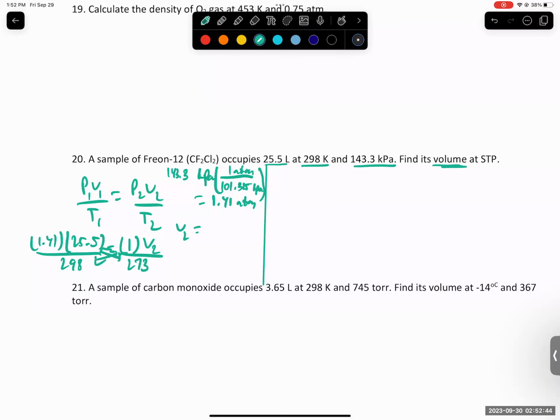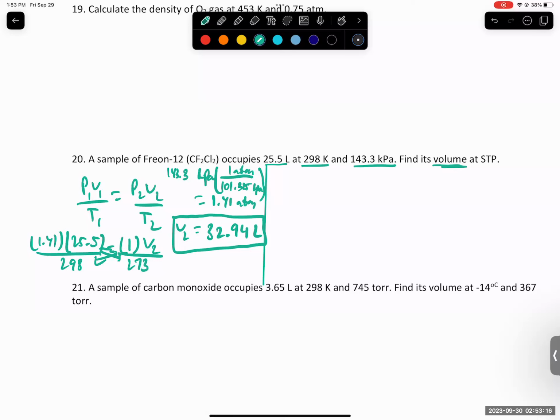So 1.41 times 25.5 times 273, get a certain number, and we're gonna divide that by 298. And our V2 should be 32.94. All right, so that's one way of doing it.